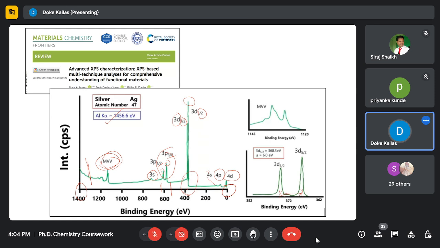If it is a p orbital, the azimuthal quantum number is 1. If it is a d orbital, azimuthal quantum number is 2. F orbital, it is 3, and so on.